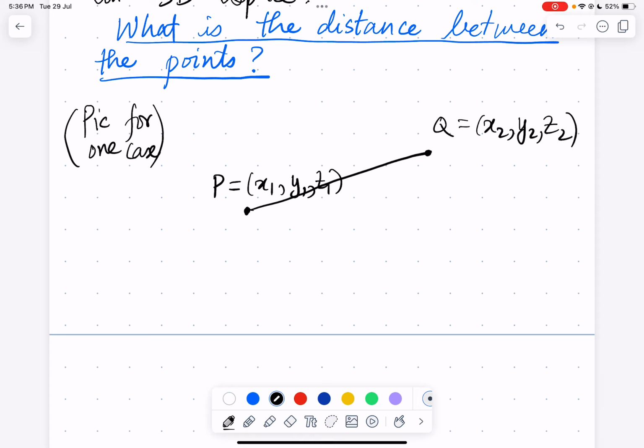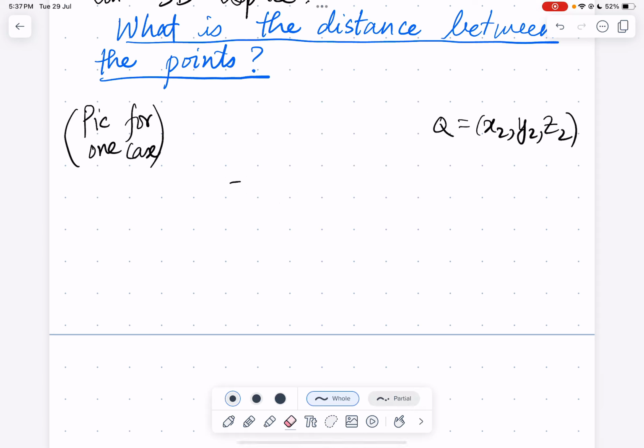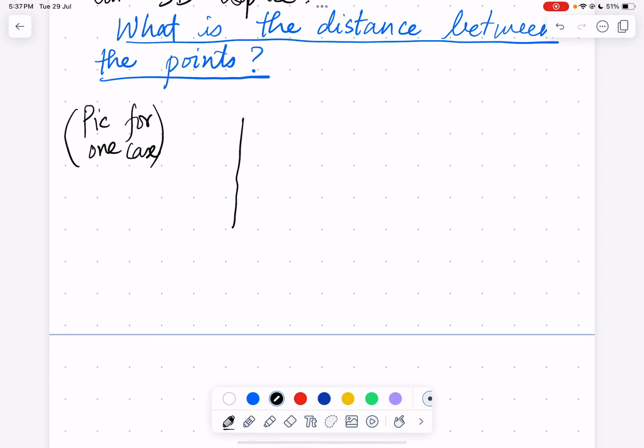Instead I'll start the picture like this. It will be clearer.